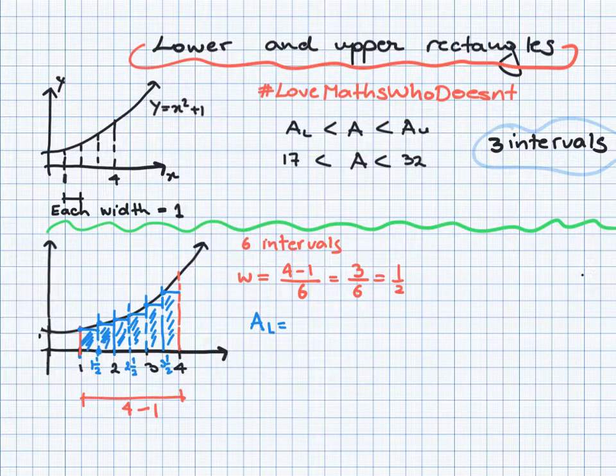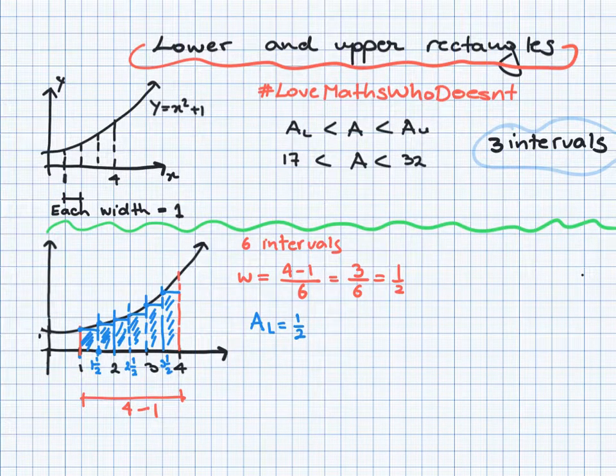Area is length times height. The height of this rectangle is the same as what y is equal to when x is equal to 1. So the length is half.